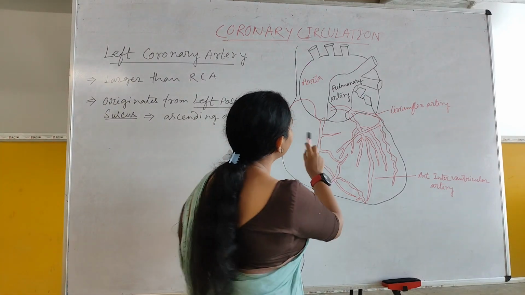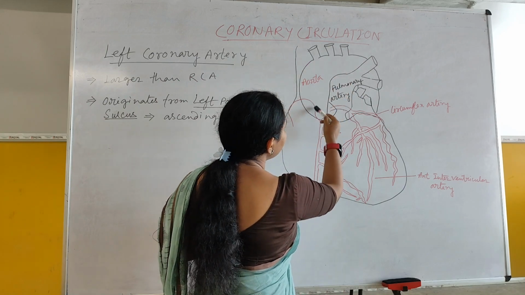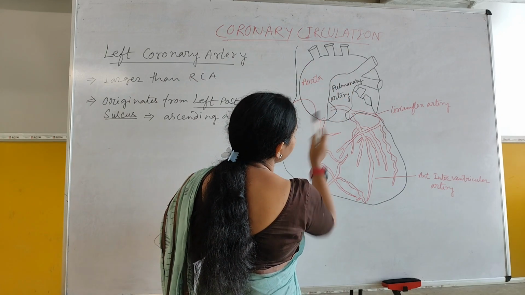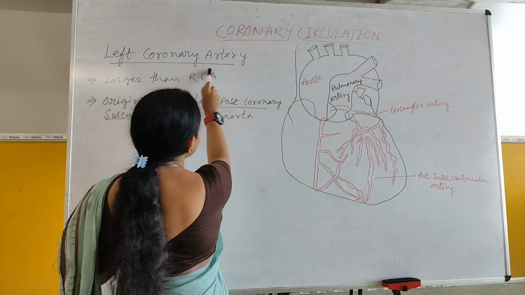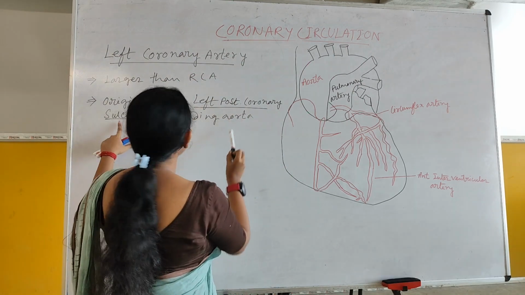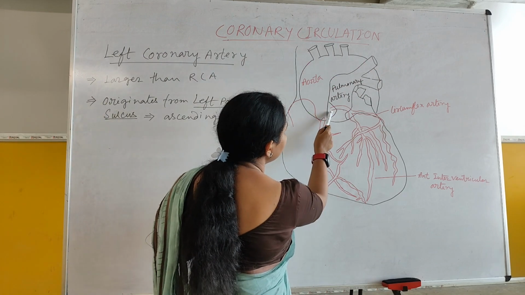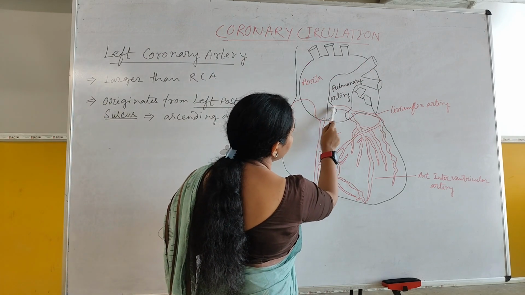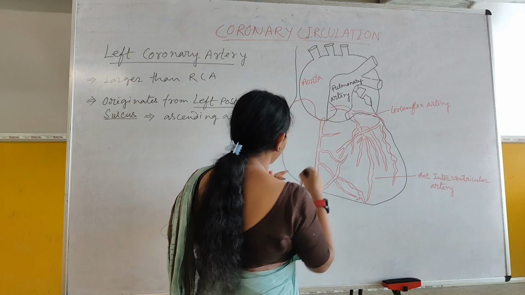Here you can see my aorta and its posterior side. So the left coronary arises from the left posterior coronary sulcus. That is this position. From here the left coronary artery originates.